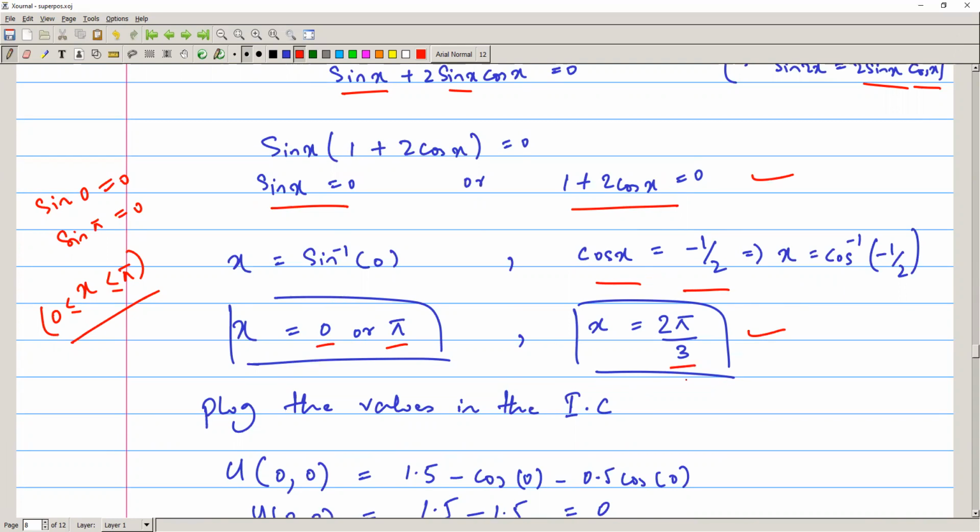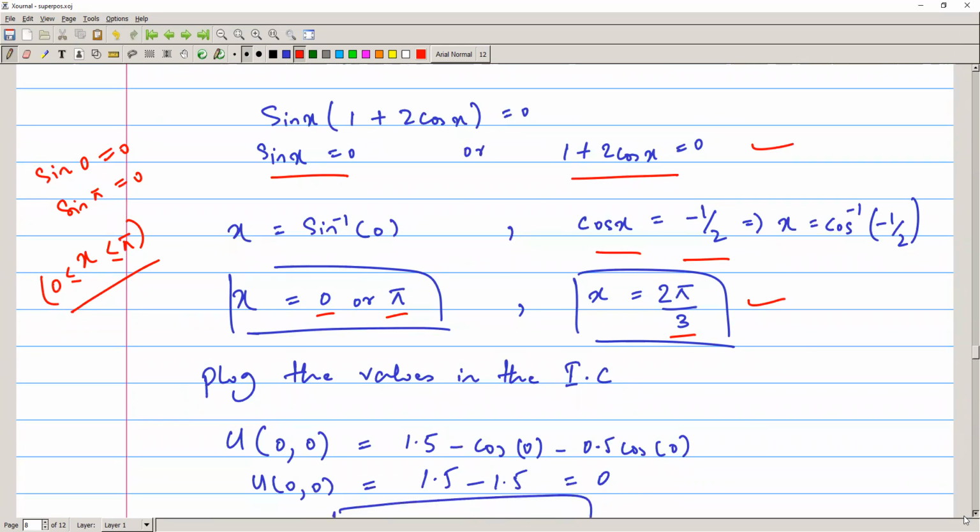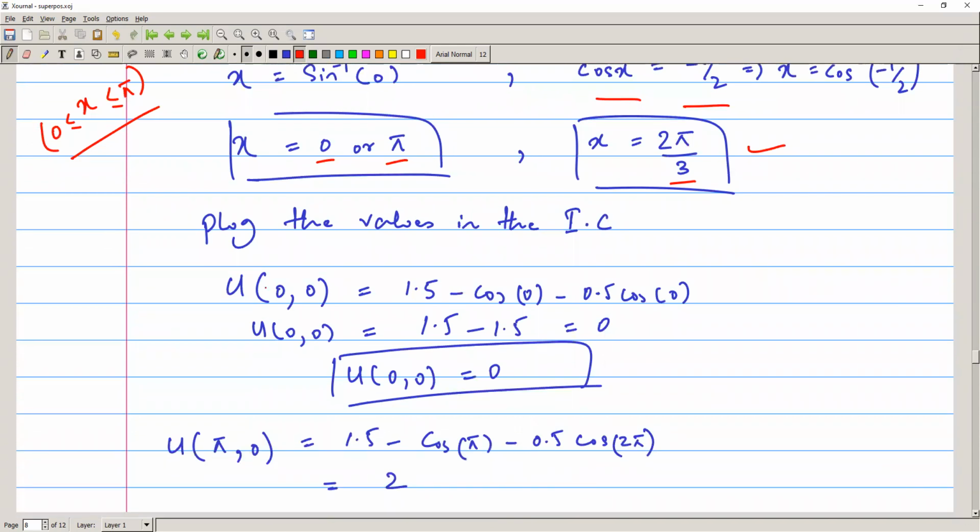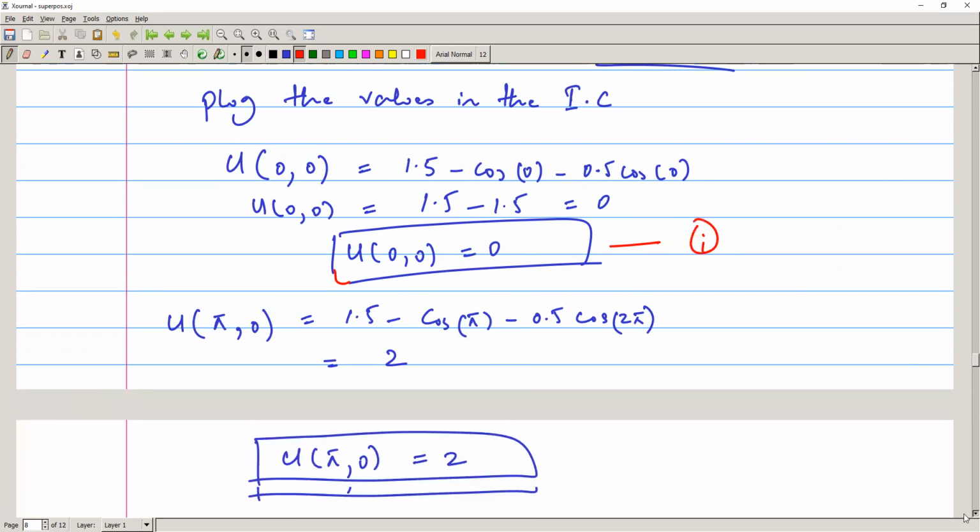Now we will plug these values into the initial condition to get the minimum and maximum. First of all, we apply 0. So u of (0, 0) equals 1.5 minus cosine 0 minus 0.5 times cosine 0. After solving the equation, we get 0. So we can call this 1. Then we apply pi.